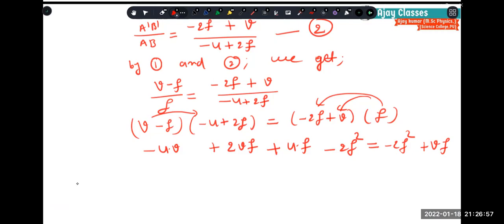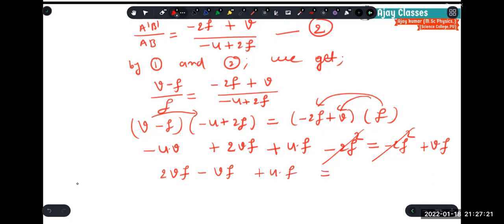Now we take all the terms, the minus 2F squared cancel each other out, and then the VF terms are taken to the left hand side, and UF, UV. Rearranging this, we write VF plus UF is equal to UV.